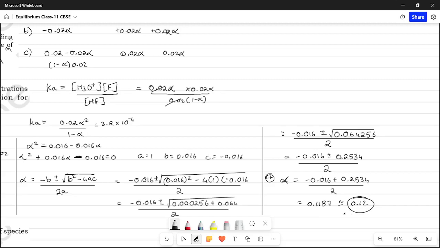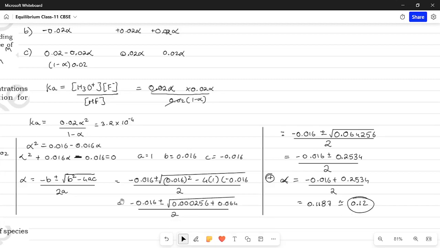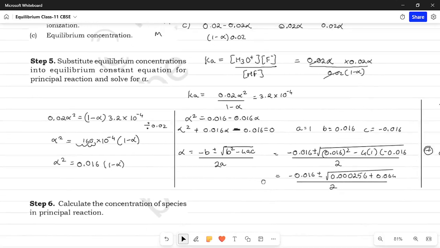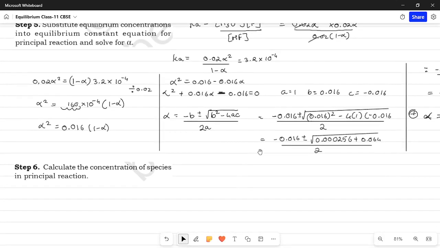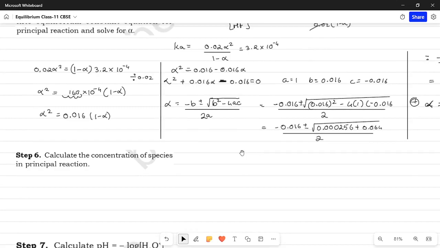Okay, so we've figured out the value of alpha using the equilibrium concentration. Now we need to calculate the concentration of species from the principal reaction. Now if you remember, we wrote that the concentration of HF, no, let's start with the others first. So concentration of H plus or H3O plus equal to the concentration of F minus equal to 0.02 into alpha.